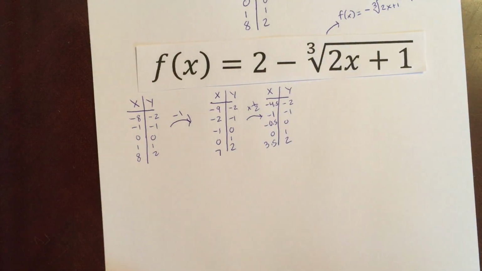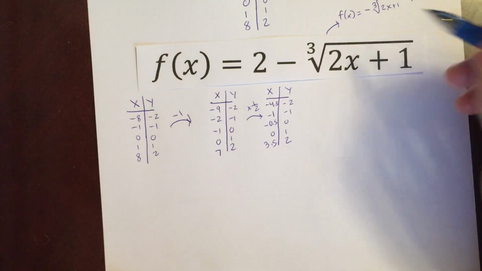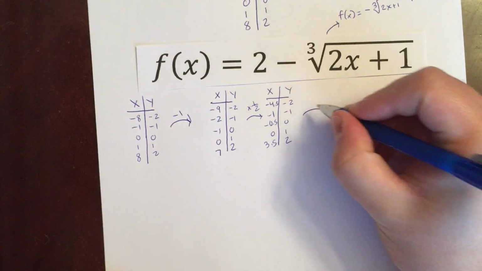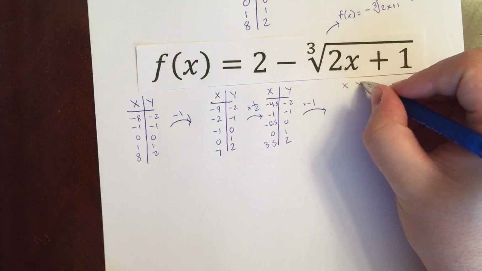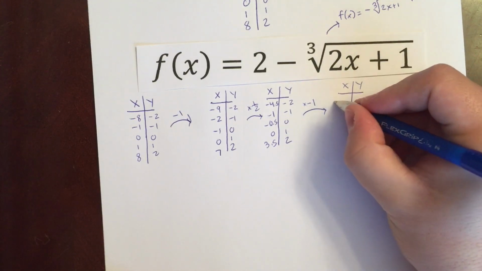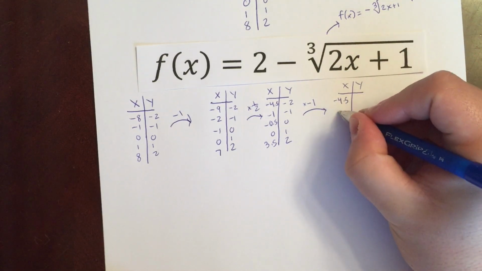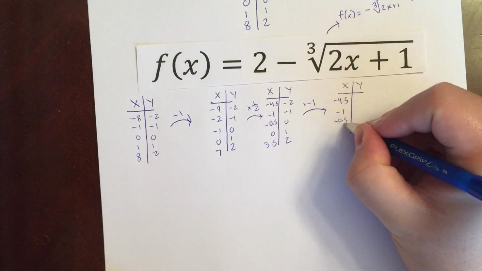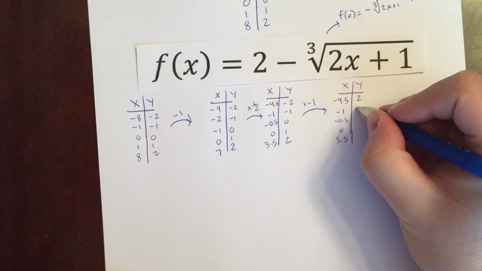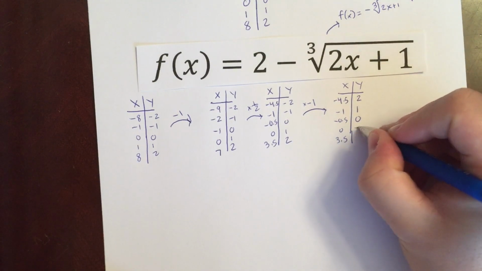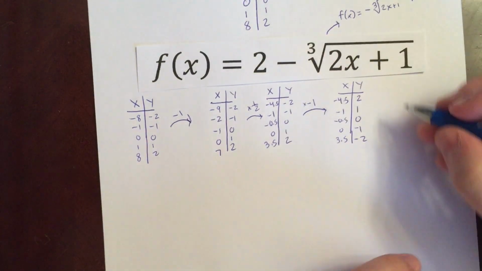Now we're going to change the y values. So first thing we're going to do is the negative 1 on the outside, multiply by negative 1 on all the y values, which just changes the sign on all the y values. So I get 2, 1, 0, negative 1, negative 2.